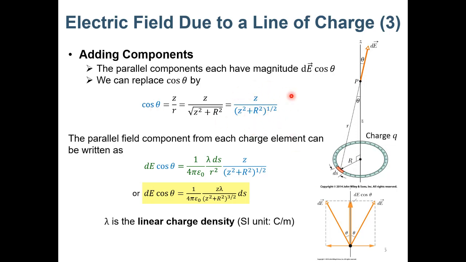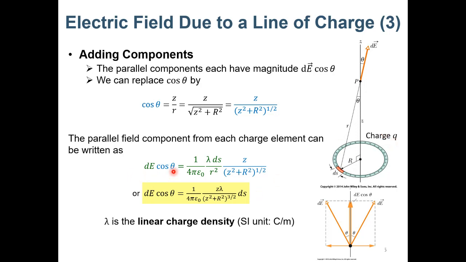So this is simple. Here is the vertical part of dE, because the horizontal part will be cancelled by somebody else.